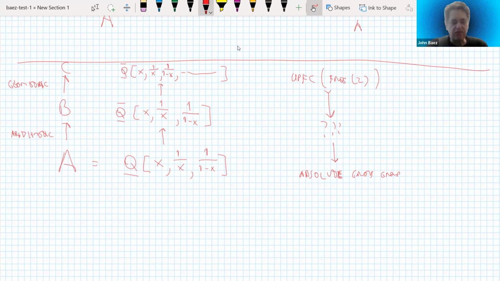Another question I have is what does Baez's theorem have to do with this stuff? Seems like this stuff you could do without using Baez's theorem at all.